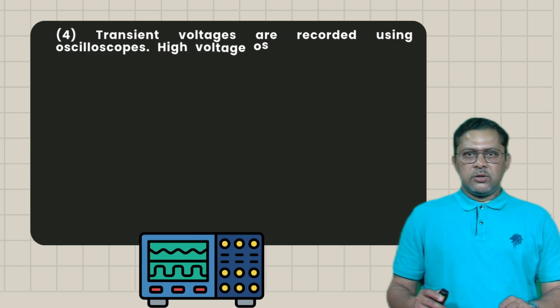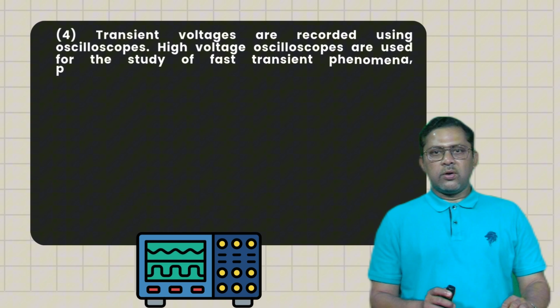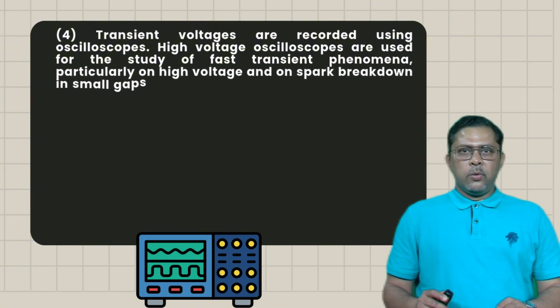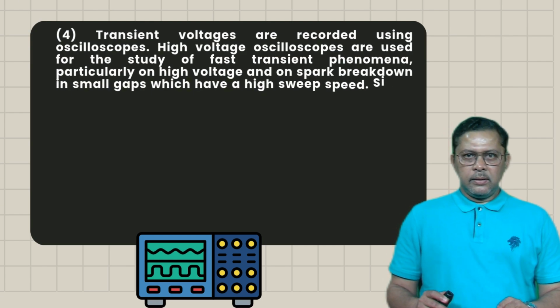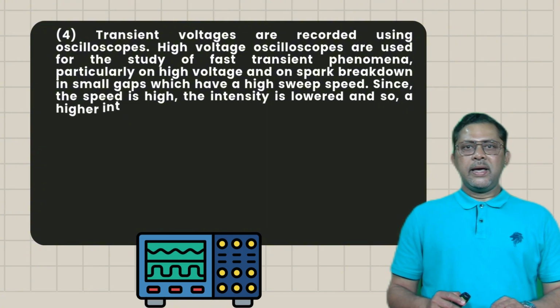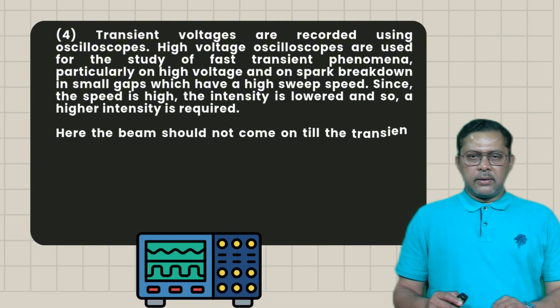High voltage oscilloscopes are used for the study of fast transient phenomena, particularly on high voltage and on spark breakdown in small gaps, which have a high sweep speed. Since the speed is high, the intensity is lowered, and so a higher intensity is required.